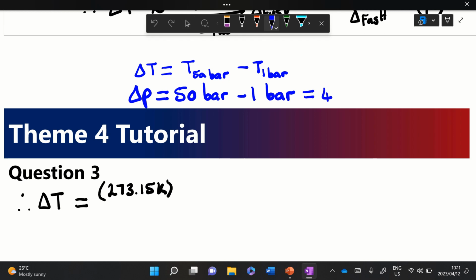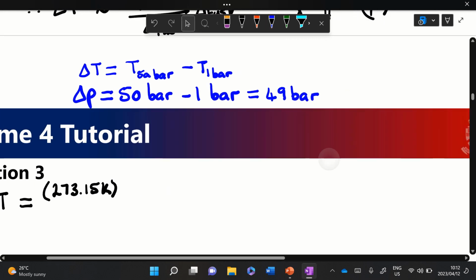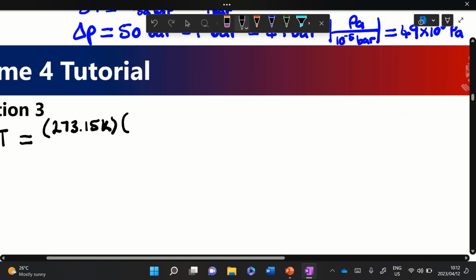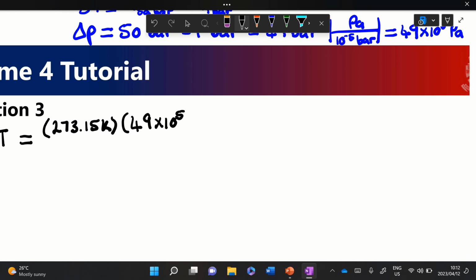So in other words, it's 49 bar, but we don't want to work in bar, we always want to work in pascals. So how do we convert that? Well, that's quite easy. In 1 Pascal, there is 10 to the power minus 5 bar. So we have 49 times 10 to the power 5 Pascal. Okay, so we just need to plug that in. 49 times 10 to the power 5 Pascal.